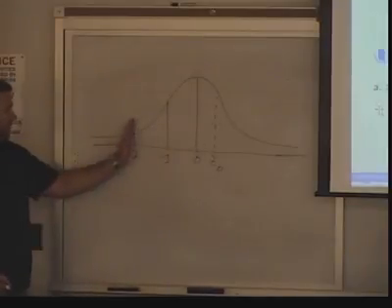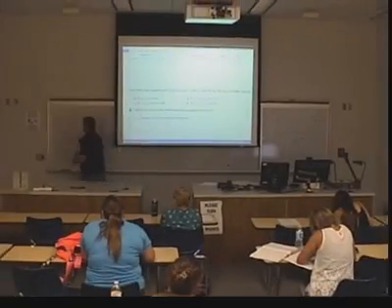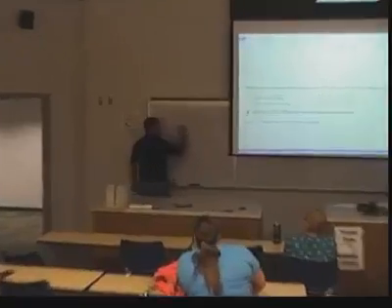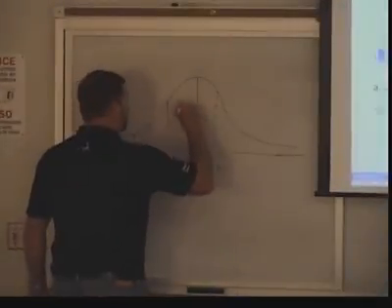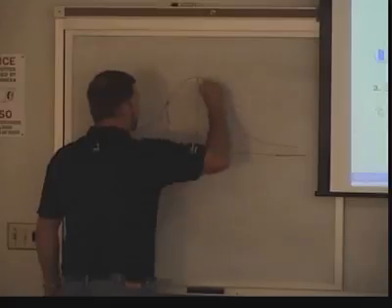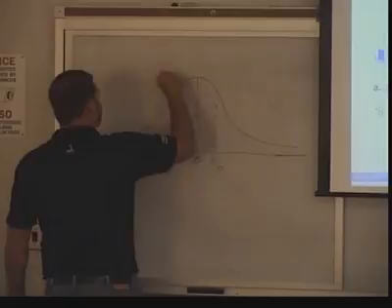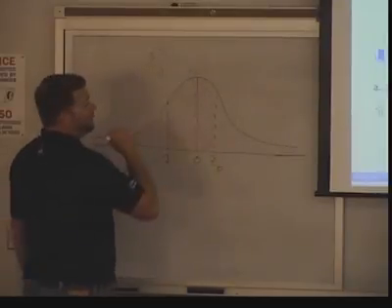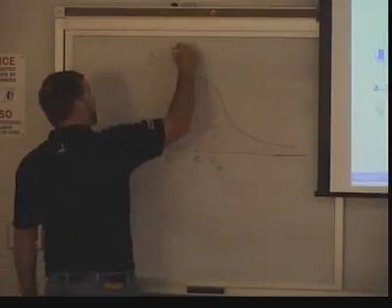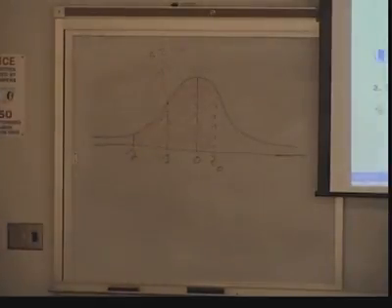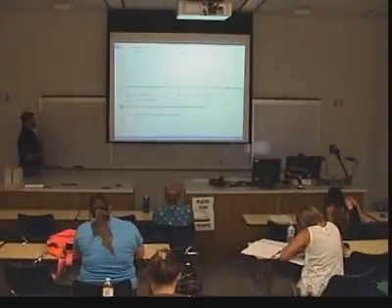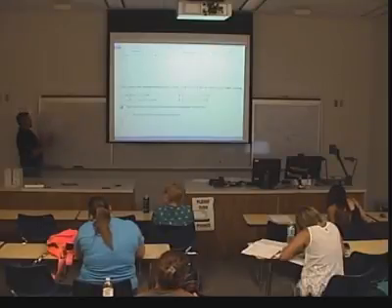So I need to find this area between negative 2 and Z naught. Now I know what the area is equal to. So I know this area equals 0.5348. Okay. So the chart is going to tell me two different things, right?